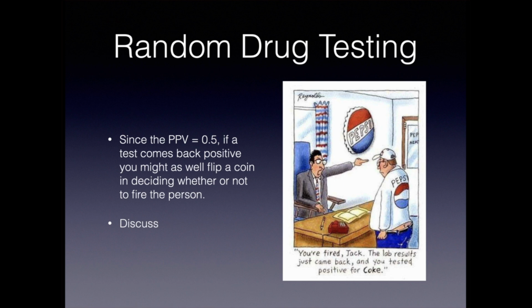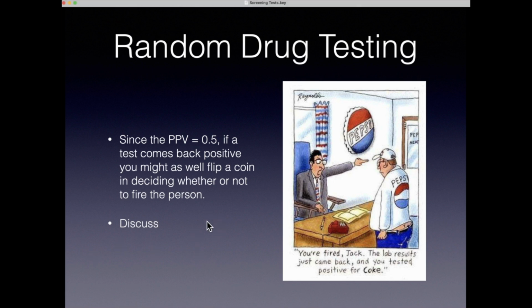You'll recall that we showed that the positive predictive value is an increasing function of the prevalence of the characteristic in the population. And for populations with low prevalence, in this case low drug use in the overall company, even if a test comes back positive, the positive predictive value can be low because of that low prevalence.